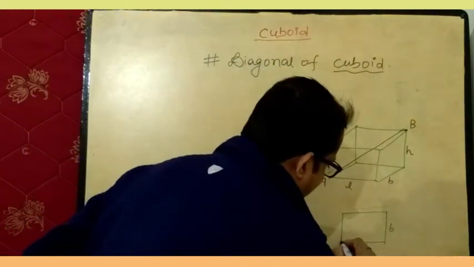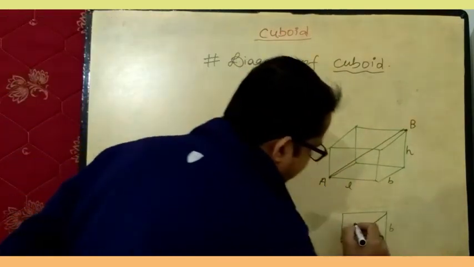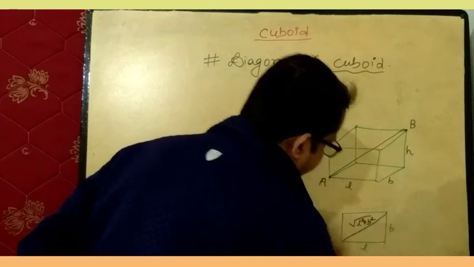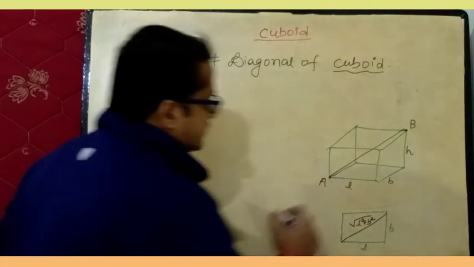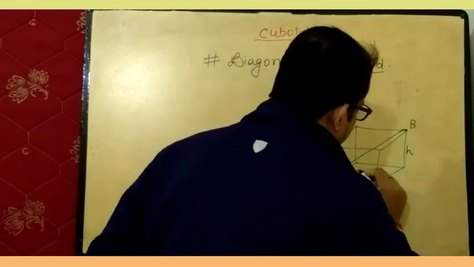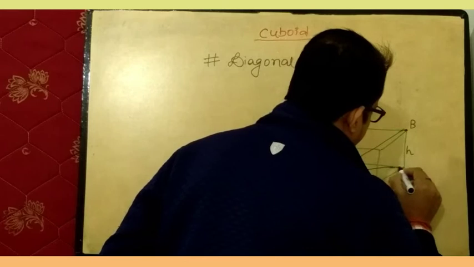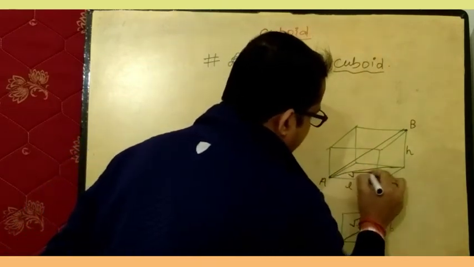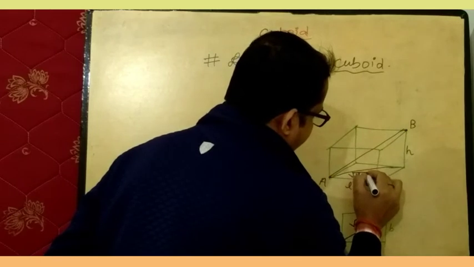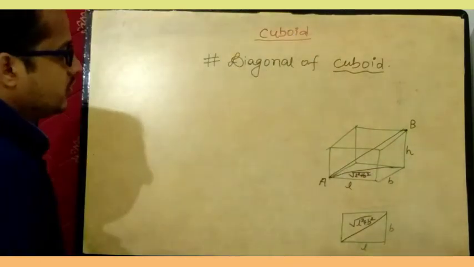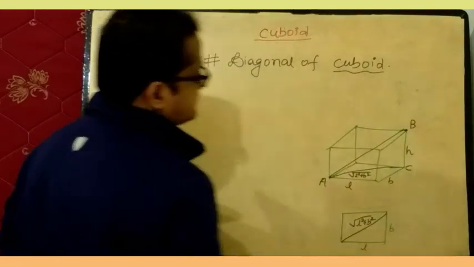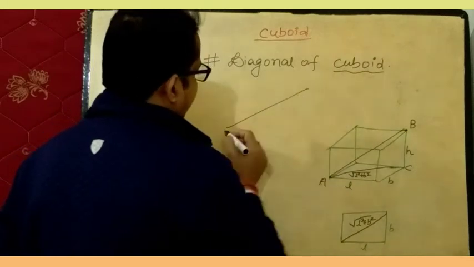If you calculate the diagonal of this base, this diagonal is under root L square add up B square. Now consider this triangle A, B and C. I am redrawing this triangle.